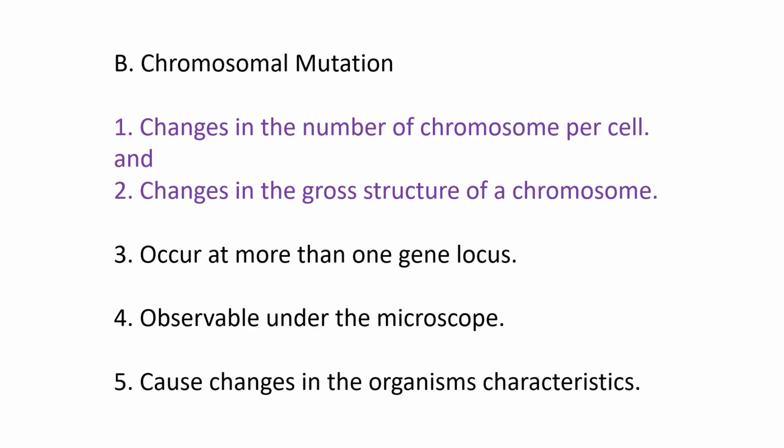And chromosomal mutation is observable under the microscope, meaning under the microscope you can see the number of chromosomes changed, becoming less or more, or the gross structure of the chromosome becoming different. And this chromosomal mutation will cause changes in the organism's characteristics.